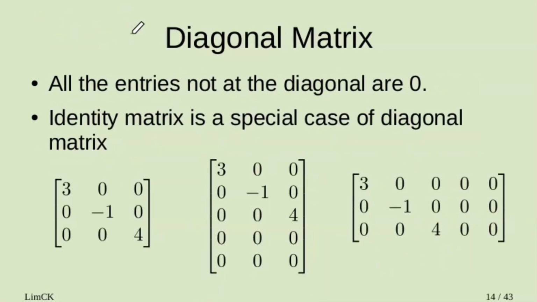The diagonal matrix is a matrix where all the entries not on the diagonal are 0. For example, in this 3 by 3 matrix, in the diagonal we have values that are not all 0, but all others are 0. This is a diagonal matrix. Please take note, this one is not a diagonal matrix.